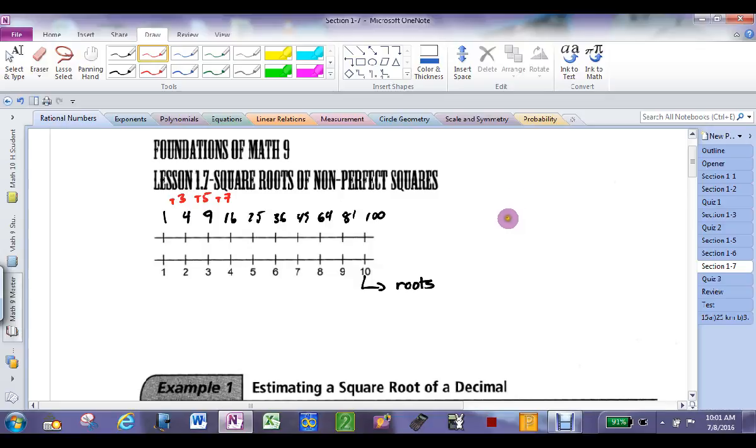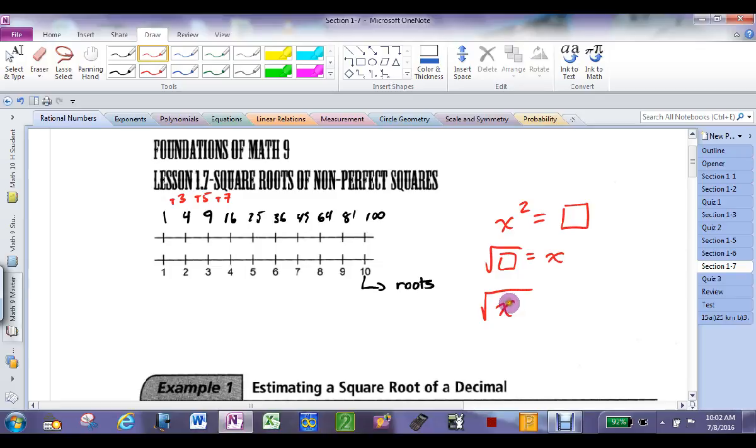Next thing that you got to remember, x squared gets me the square. The square root of the square gets me the number. Okay? Now what does that tell you? That tells you this. The square root of x.